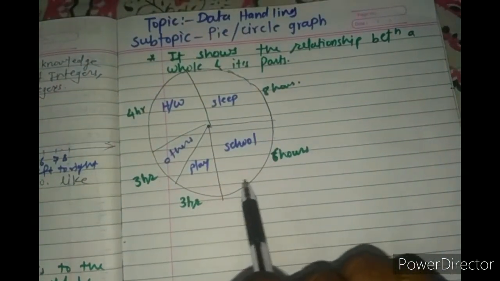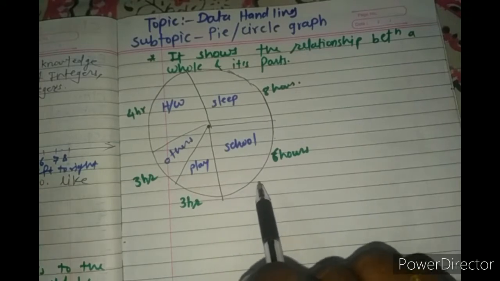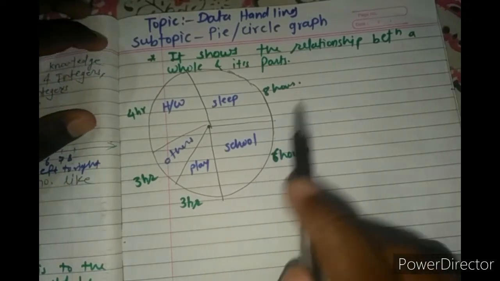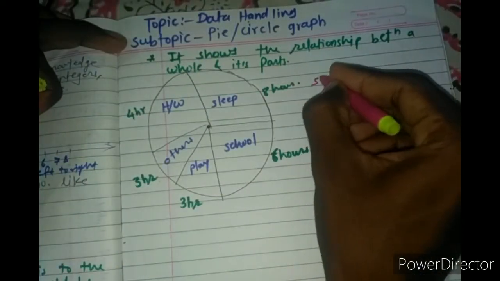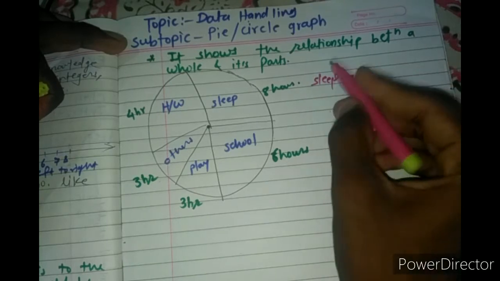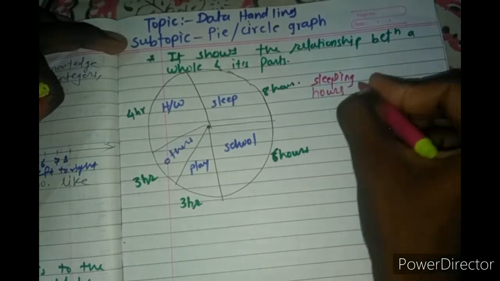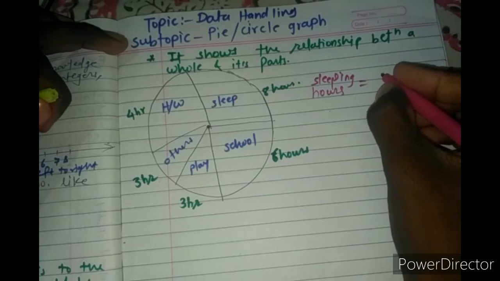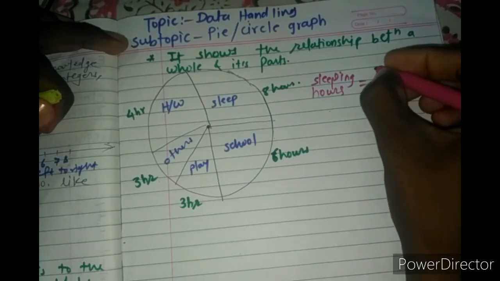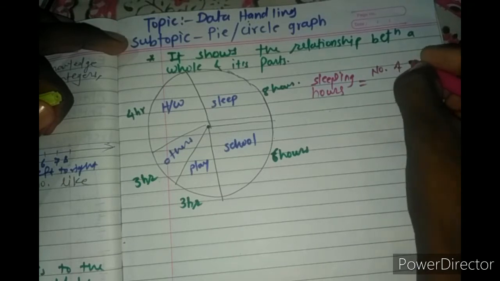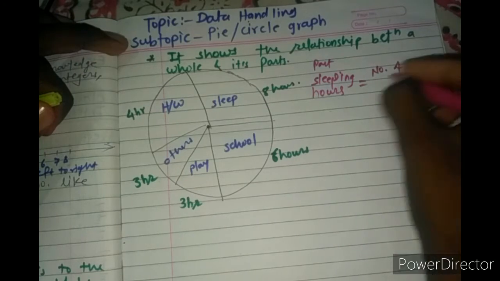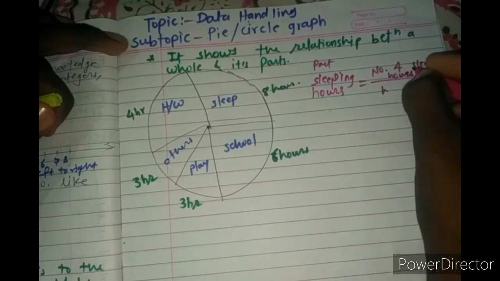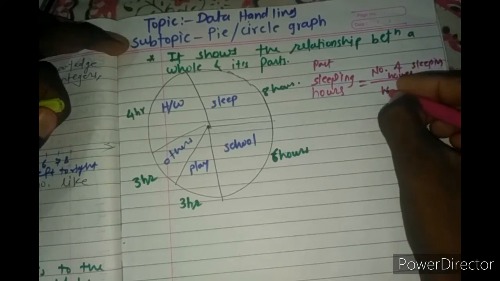How can we find the parts of this? Let's find the part of sleeping hours. So our sleeping hours fraction is equal to, what will we take in the numerator? The number of sleeping hours upon the whole day.